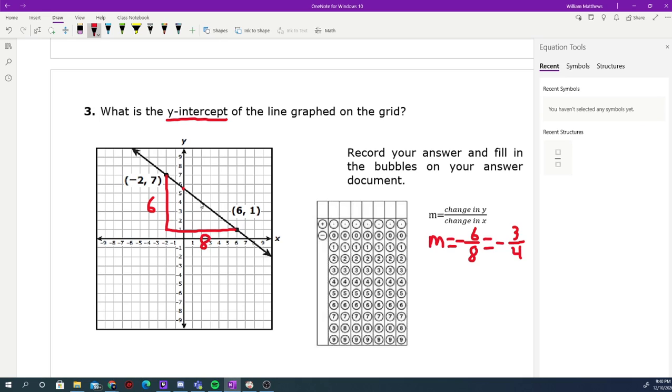I can use this idea to halve each number. That'll give us going down 1.5 and then going over 2, which would get on the line. So I knew that I went down 1.5, which would put me at 5.5, which would be my answer.